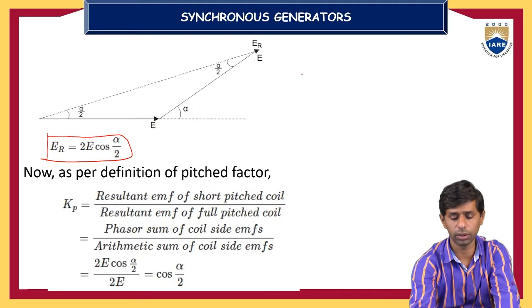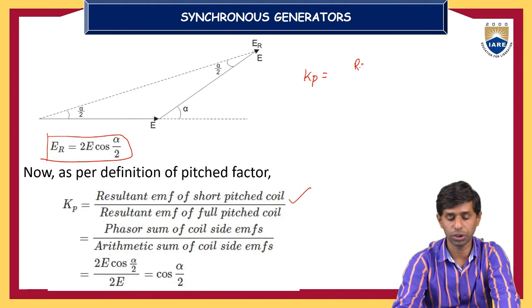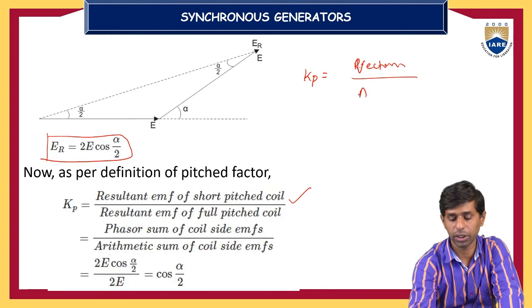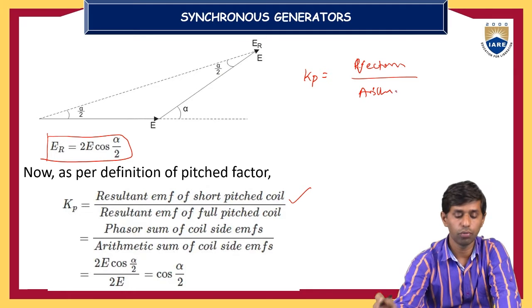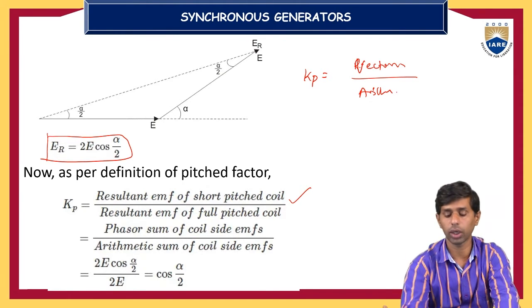Let us now define pitch factor. Kp is equal to the resultant induced EMF of the short pitched coil to the resultant induced EMF of the full pitched coil. Full pitched winding is arithmetic addition and short pitched winding is vector addition.